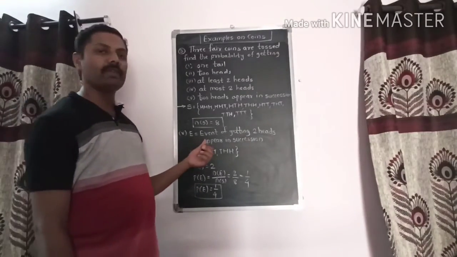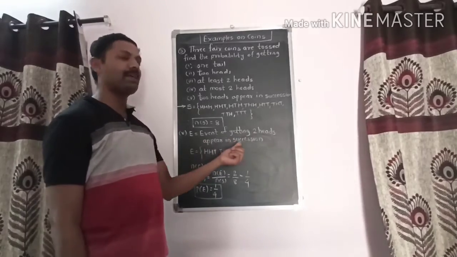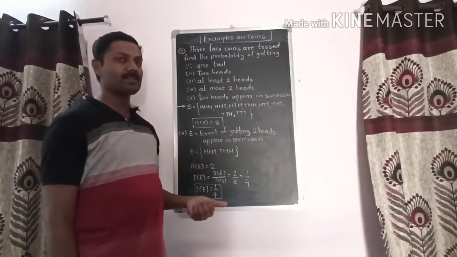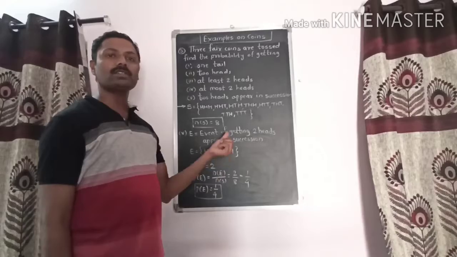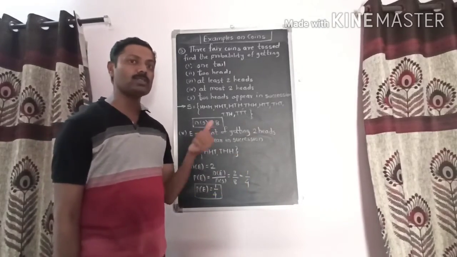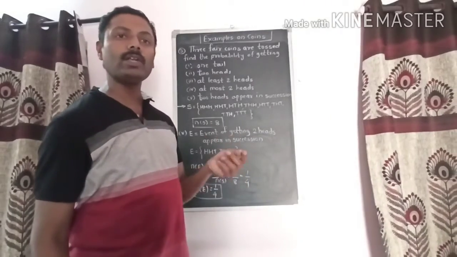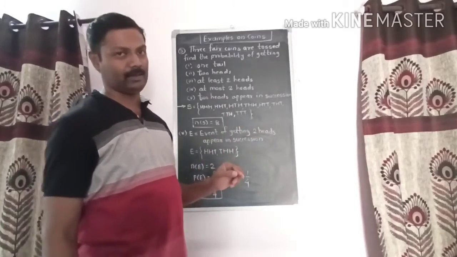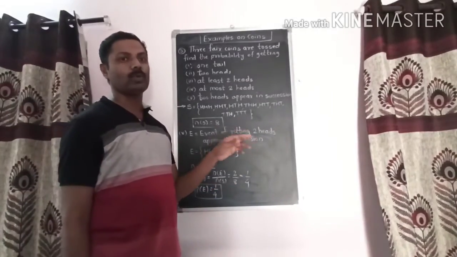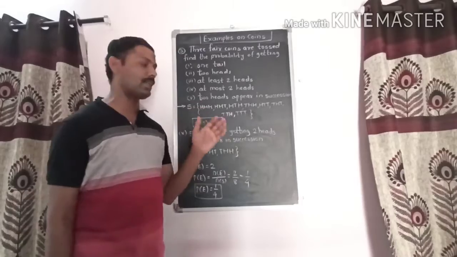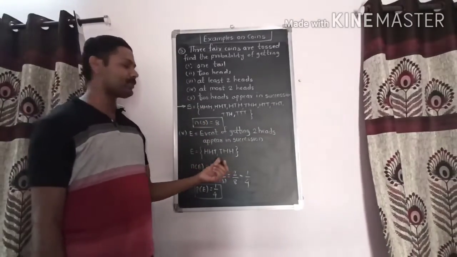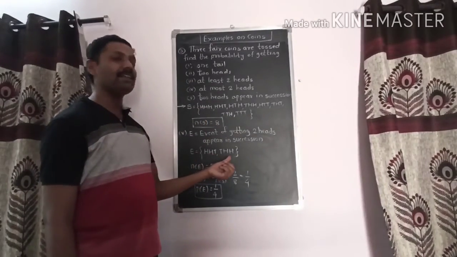Let E be the event of getting two heads appear in succession. Two heads appear in succession means two successive heads should be there, only two successive heads, not more than two. So here are only two options, HHT and THH.